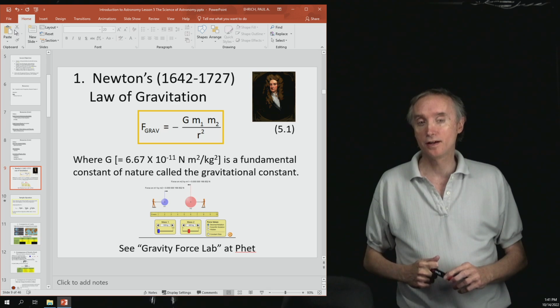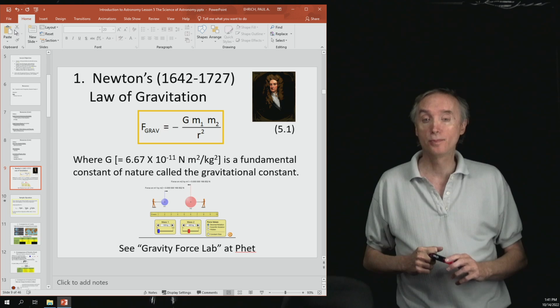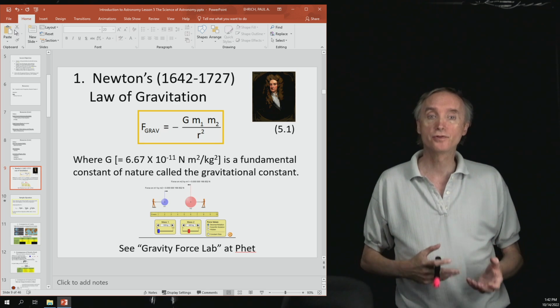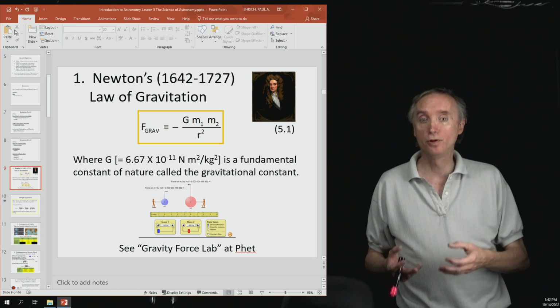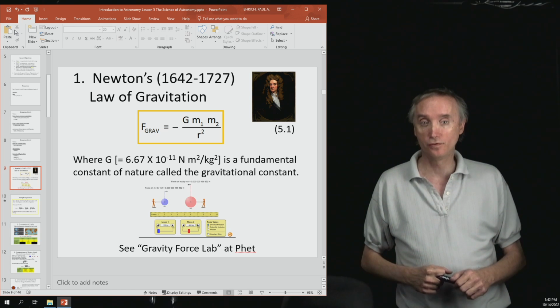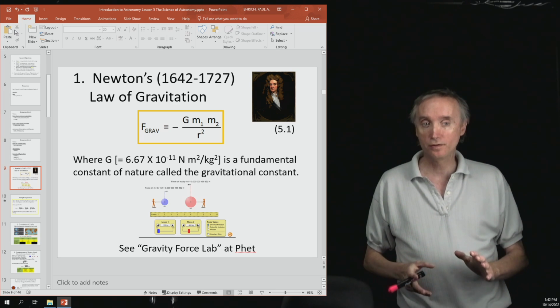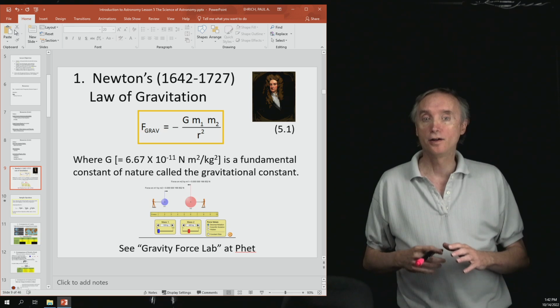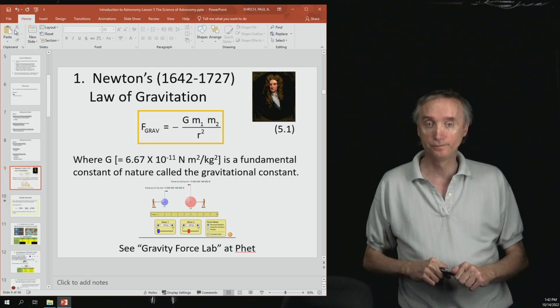In the previous lesson, we learned about Newton's laws of motion, and we learned in particular about Newton's third law, which said that for every action there's an equal and opposite reaction. So that means that if ball 1 pulls on ball 2, then ball 2 has to pull on ball 1 with an equal and opposite force. So that's the reason why those two numbers are the same. So for the rest of the experiment, just ignore one of those numbers and just concentrate on the other one.